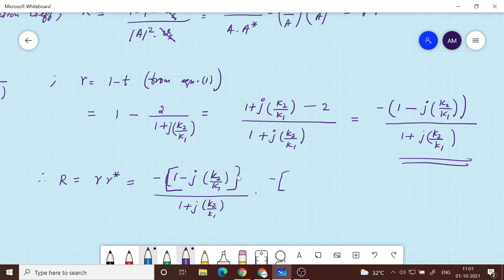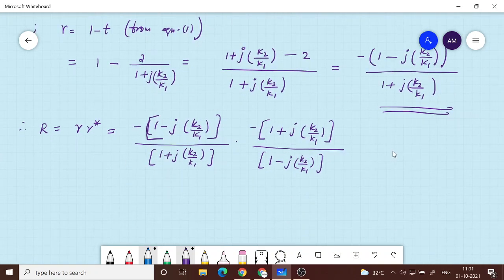So there is minus 1 plus will come here, k2 by k1, and in the denominator it will become 1 minus k2 by k1. Wherever j is there, if you take the conjugate, j was in both numerator and denominator.